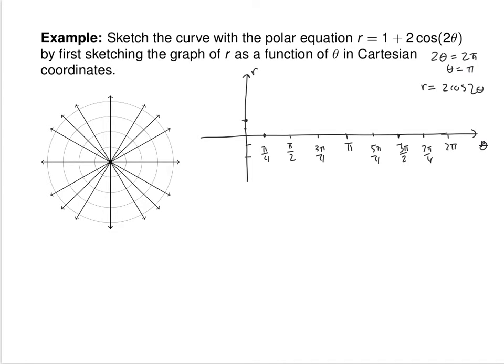By pi quarters we're at 0, by pi halves we're at -2, 3 pi quarters we're at 0, and by pi we're back up at 2. Back to 0, down to -2, up to 0, up to 2. Now we're going to take this curve and shift it up by 1.